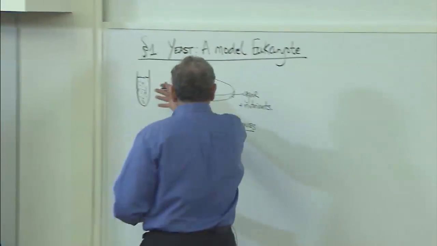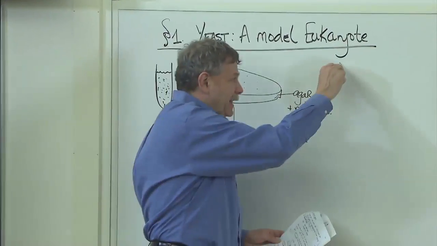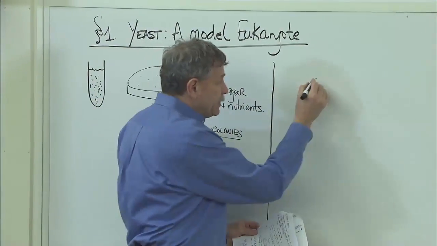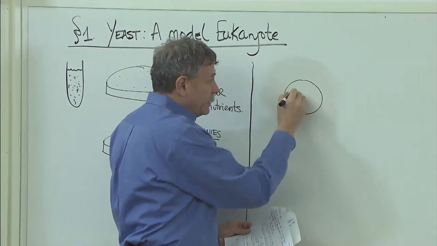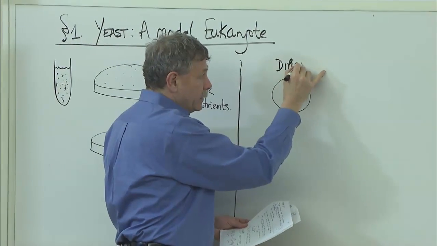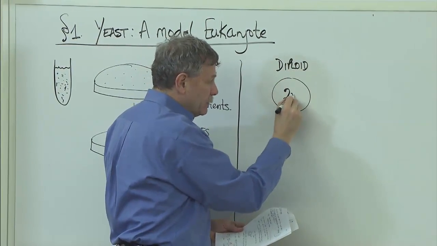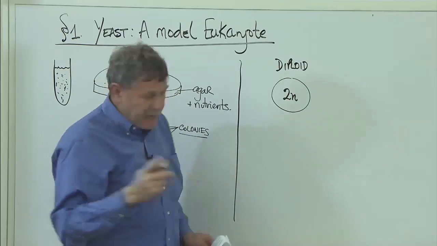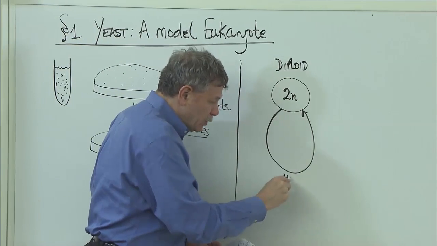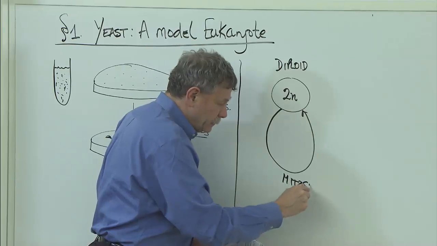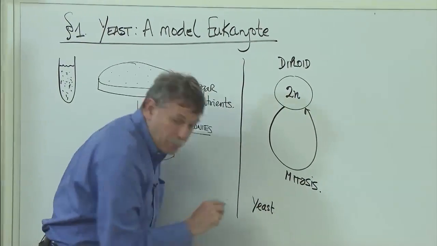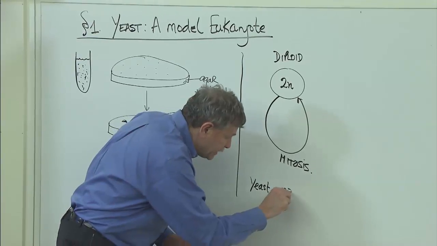Now, that's yeast. It has a life cycle, like I said, pretty much like you. Yeast has a diploid cell with 2N chromosomes. It's a single cell, and it will undergo mitosis. In the case of yeast, the number of chromosome pairs, N equals 16.